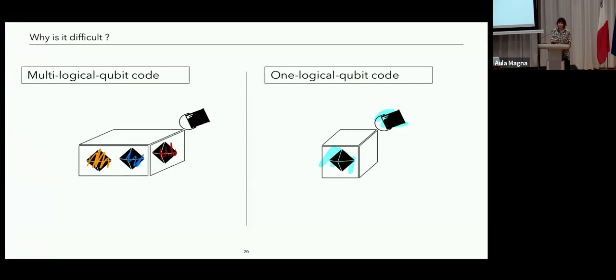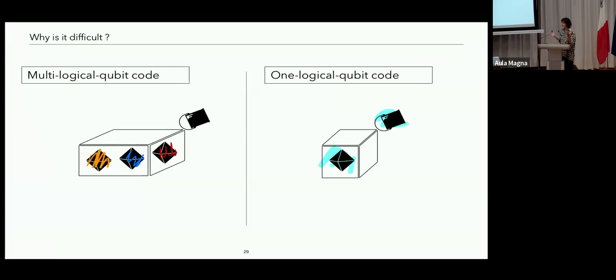So the problem with using transversal gates on codes with more than one logical qubit is that we need to find a way to address them one at a time. Because it's very likely that if you have your code space that encodes your information and you apply some global operation, as in a product of Clifford operations or whatever operation, you're going to act on all of them.